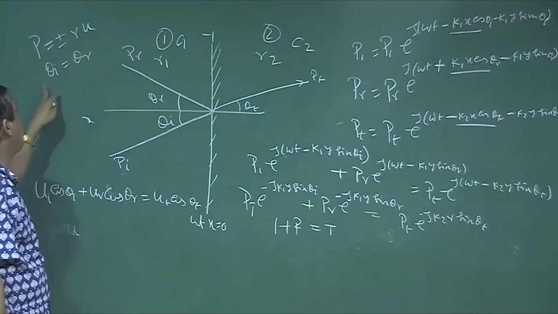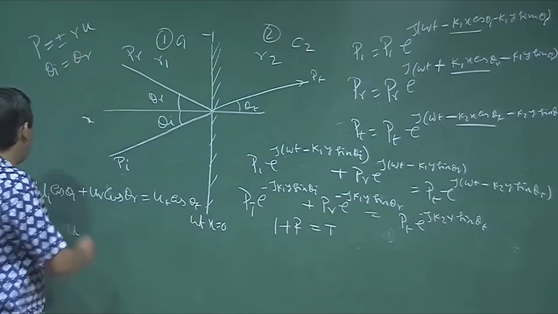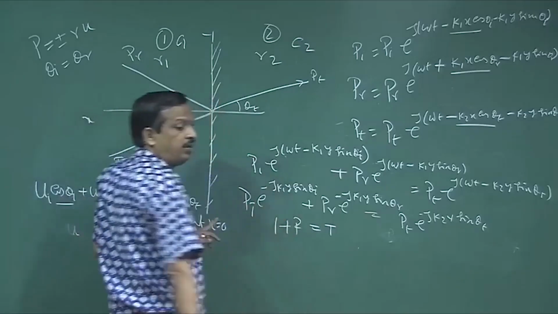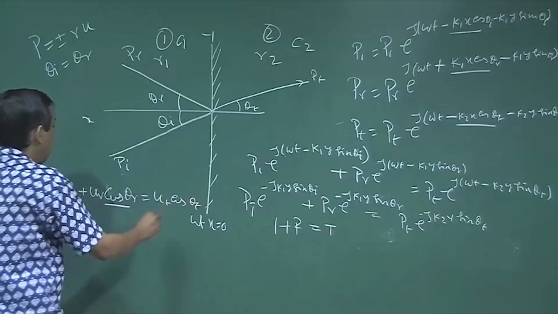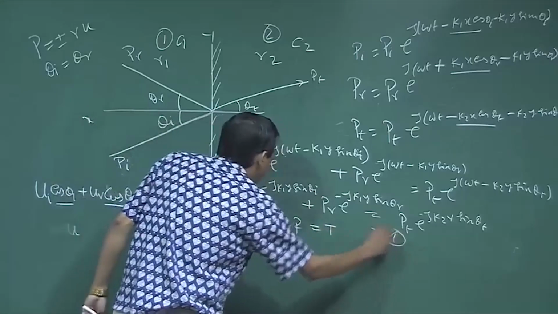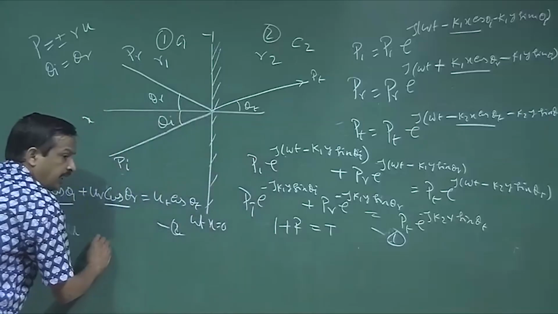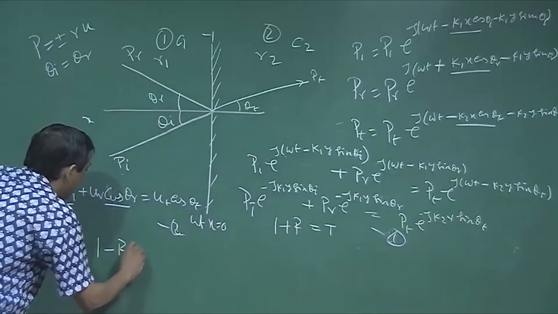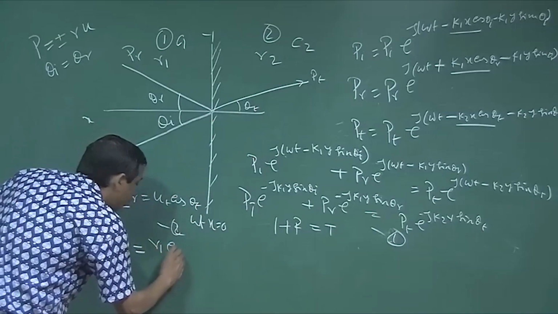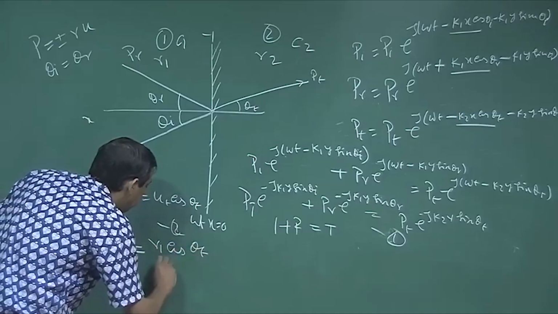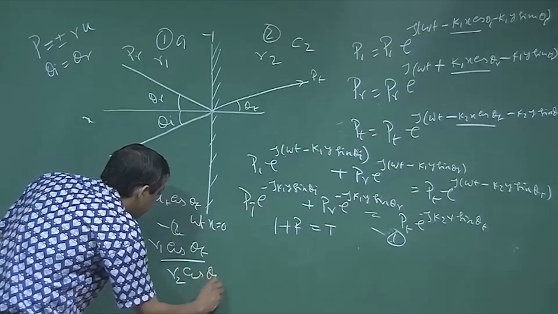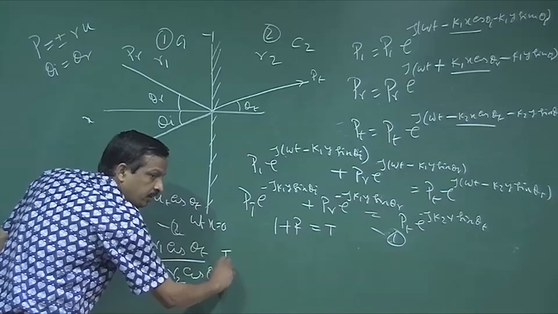So, sin theta i is equal to sin theta r. Using this equation 1 and equation 2, I can get 1 minus r is equal to r1 cos theta t divided by r2 cos theta i, times t.